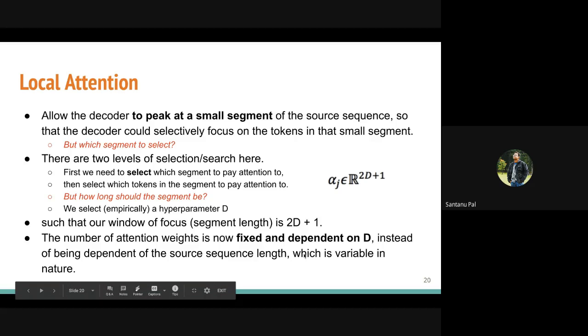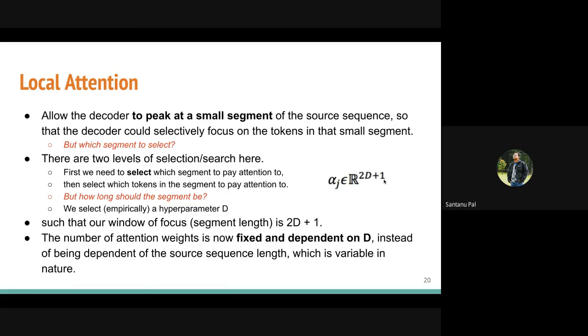According to the Luong 2015 paper, the window size is selected as 2D plus 1. D has some value that is empirically selected, and the window covers roughly double the size of D, plus 1.